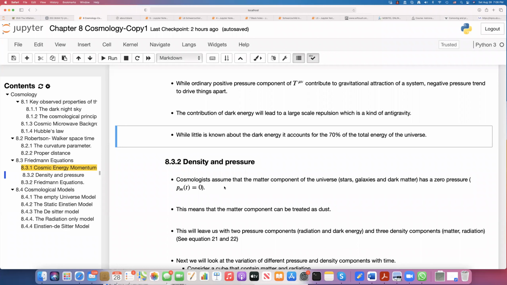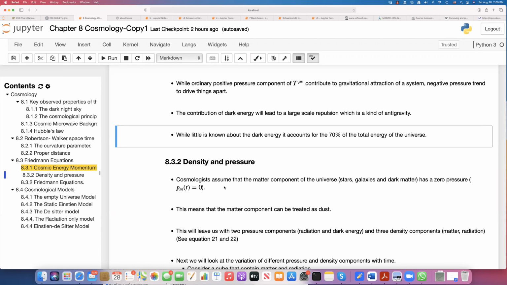So that means you can directly write that P_M, which is the proper pressure, as zero, right? Another way to say this is that the matter component of the universe can be treated as dust.